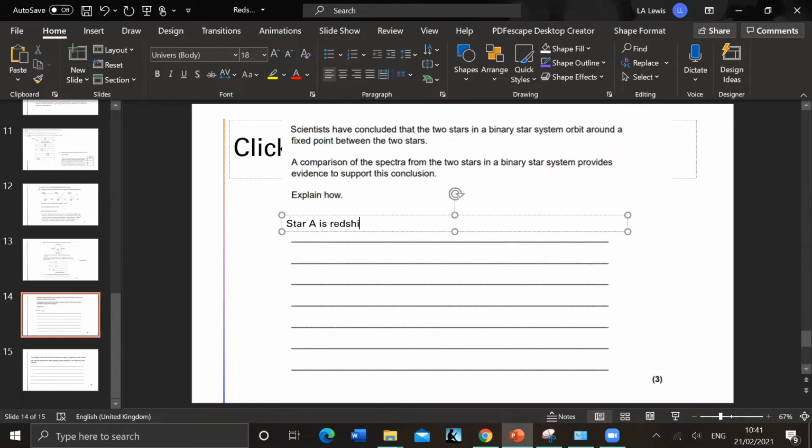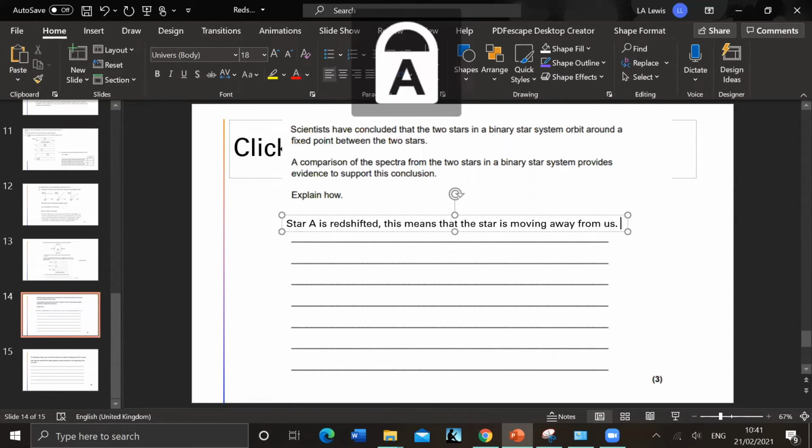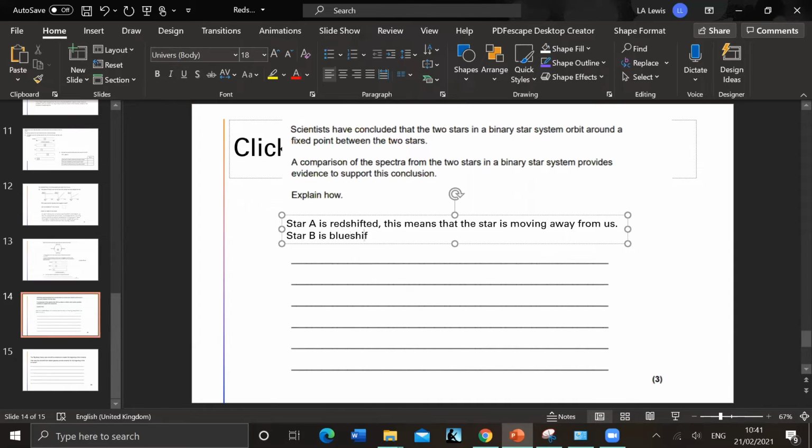This means that the star is moving away from us. Star B is blue shifted, which means the star is moving towards us. The light is squashed.